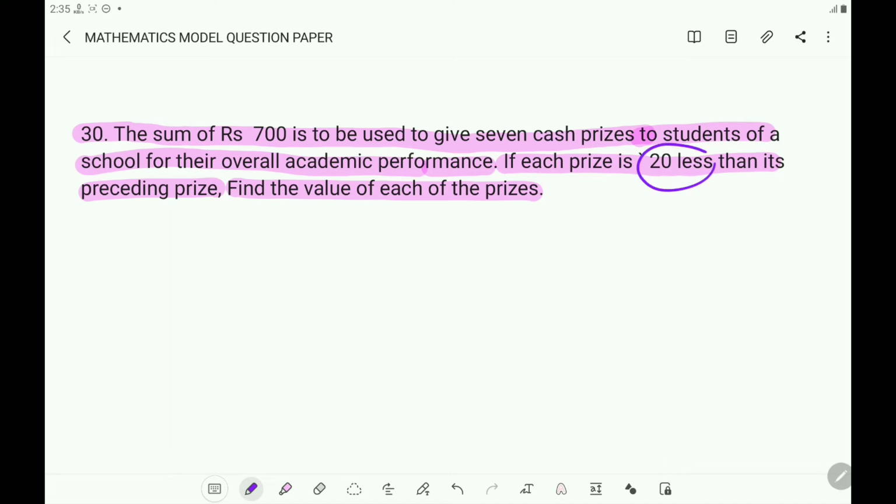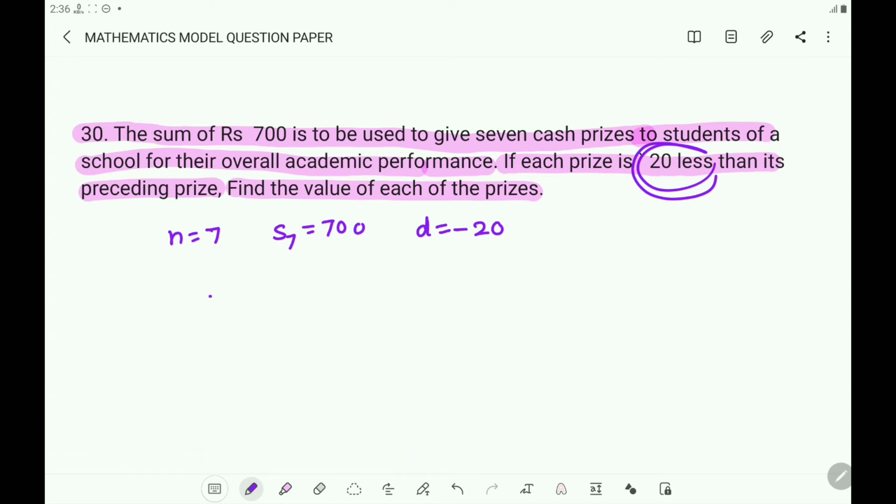Here you take n. So what is n? n equals 7. So S7 equals 700, and D is minus 20, because if each prize is 20 less, minus 20.